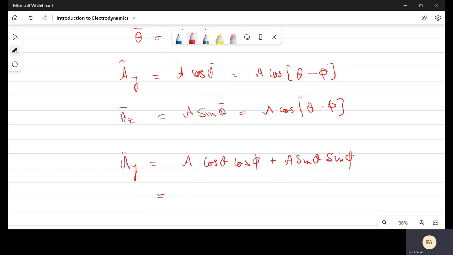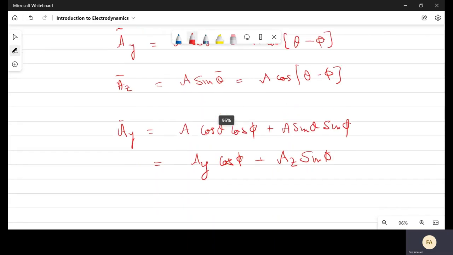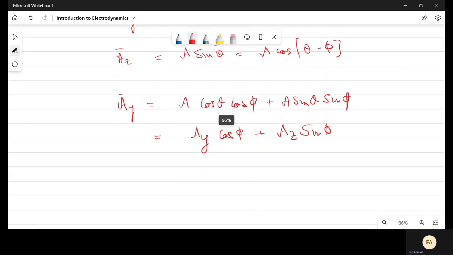A cosine theta is ay, and A sine theta is az. So we transform the components from one frame to the other frame.